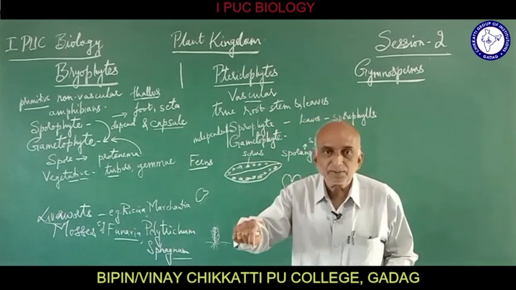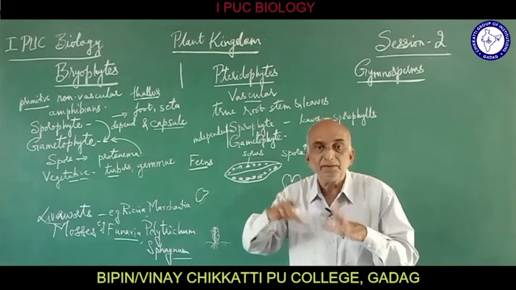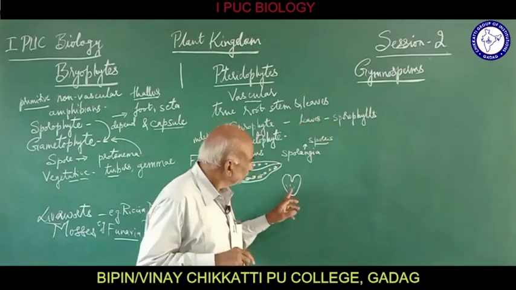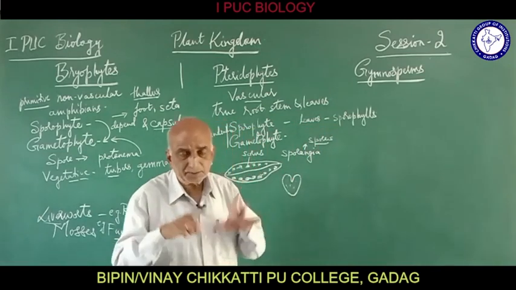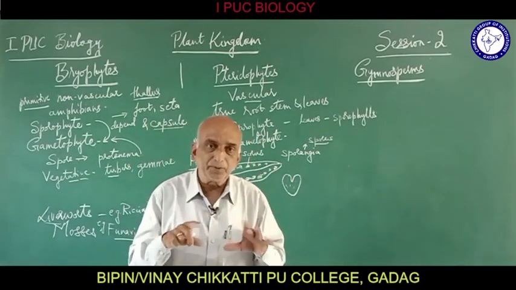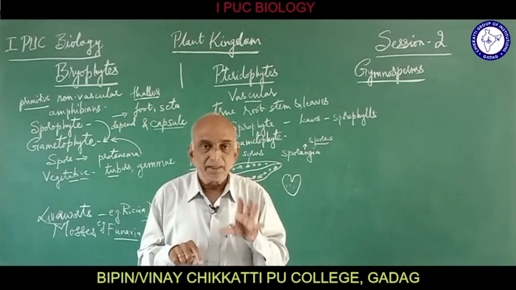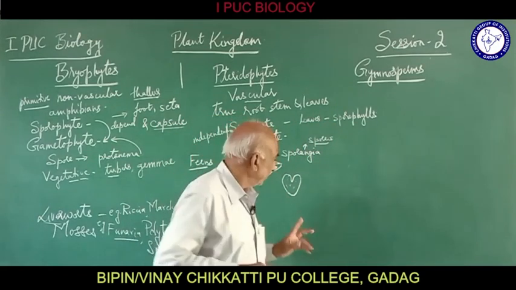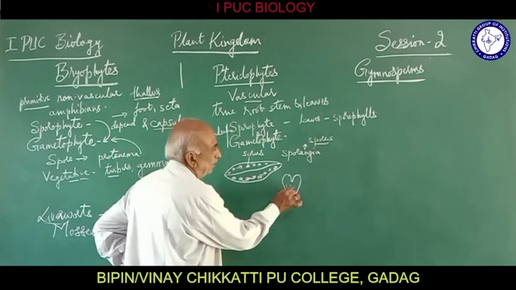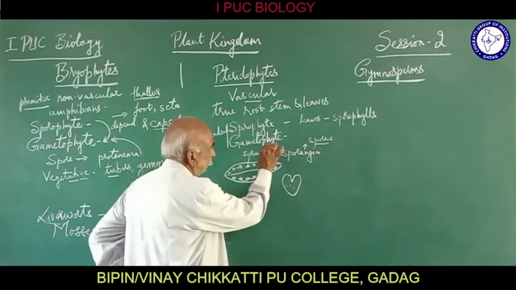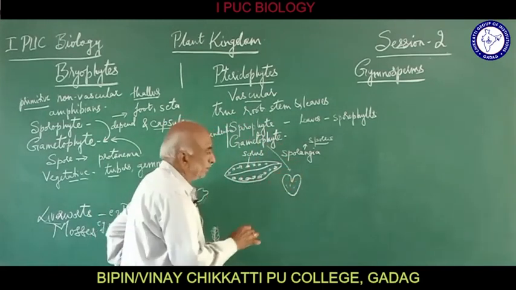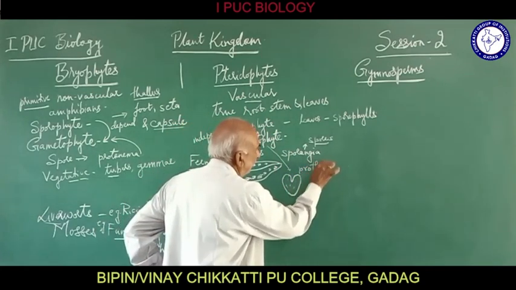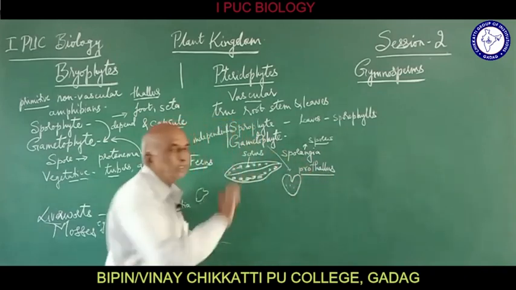When it falls on a suitable medium, it starts dividing by mitosis and develops into a multicellular structure which is somewhat heart shaped and green in color. This structure is the gametophyte. The gametophyte of a pteridophyte is also called Prothallus.